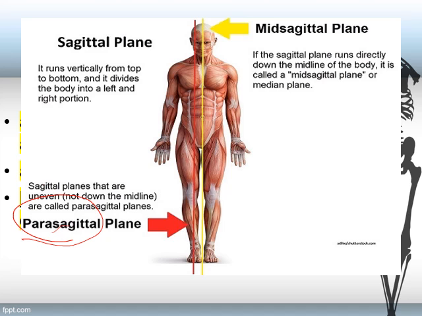Parasagittal is an uneven or unequal division of the body into right and left. And the yellow line, we call that the mid-sagittal plane. Okay? So, sagittal is divided into parasagittal and mid-sagittal. Parasagittal if not equal, mid-sagittal if equal division of the right and left.